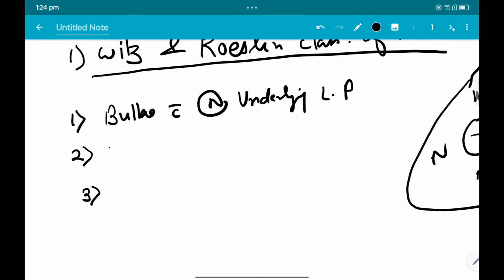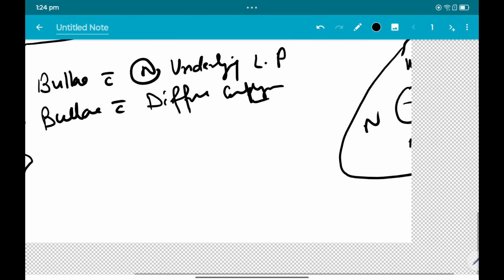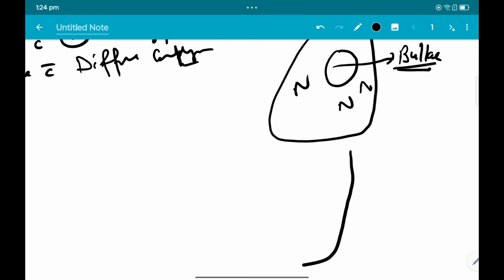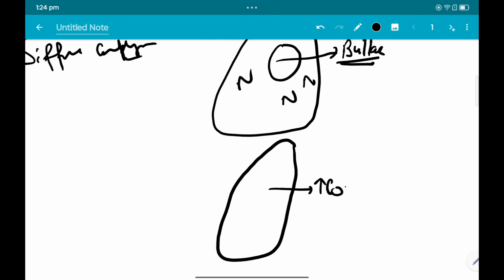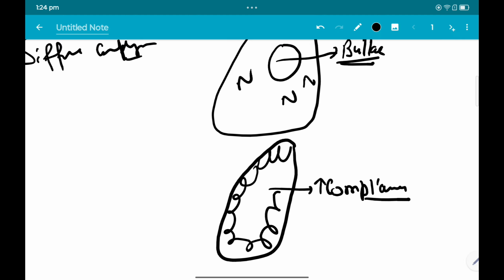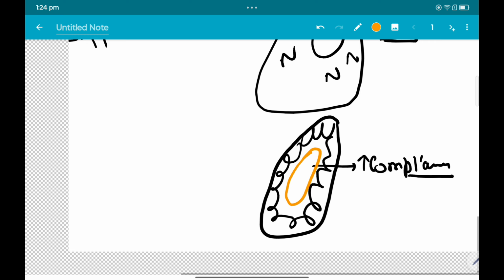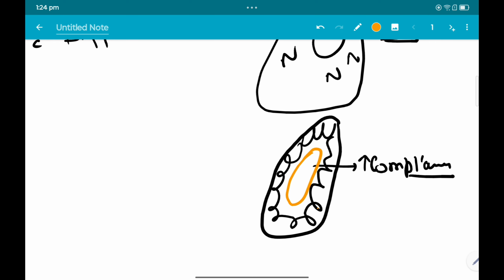What is stage 2? Stage 2 is bulla with diffuse emphysema. Okay. So this lung will be a bit longer. It will have increased compliance. Okay. So there will be diffuse emphysema in the lungs and a bulla at the center. Okay, so the surrounding lung is not normal, surrounding lung is emphysematous.